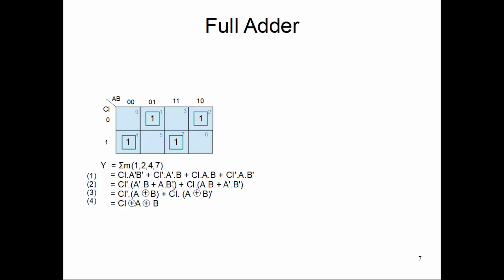That's A XOR B whole bar, it is A XNOR B. Now think of A XOR B as one single term, maybe T. So this line 3 is basically CI bar and T, or CI T bar, which means this is CI XOR T, and T, as I assumed, is A XOR B. So it is CI XOR A XOR B. Okay, so we come to this term.